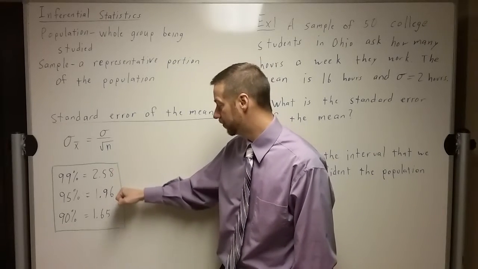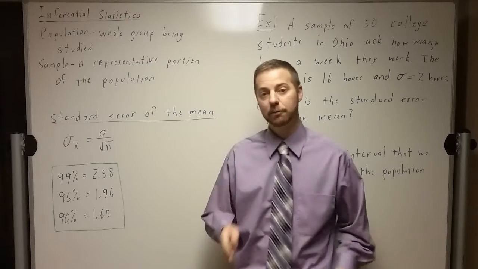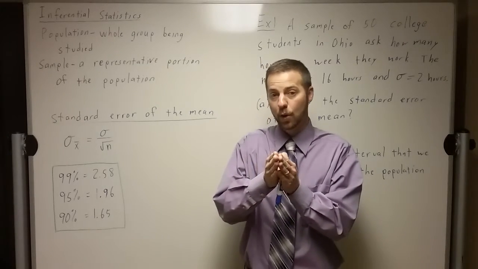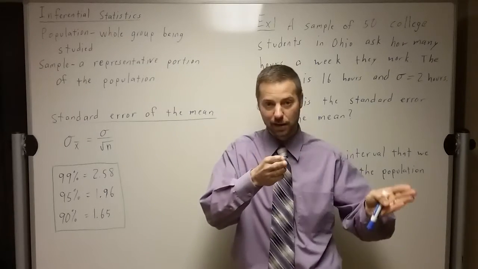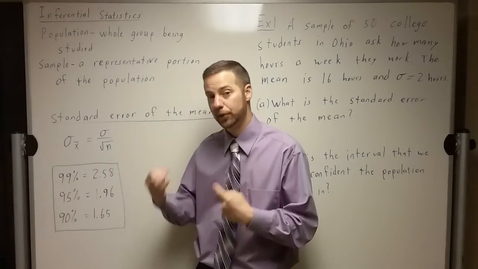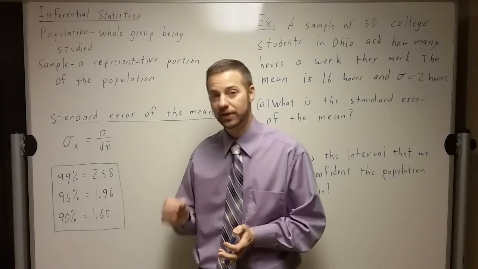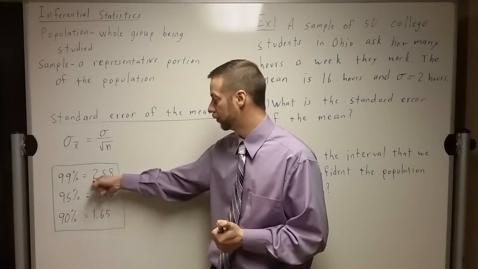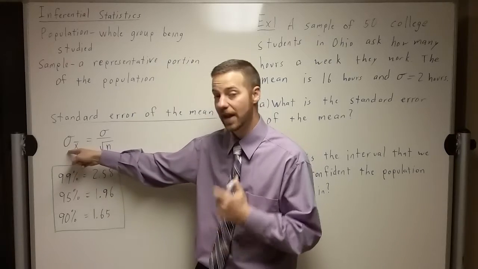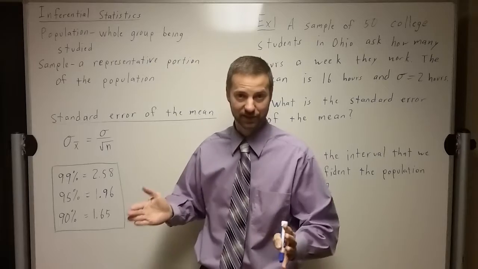I put the numbers that go along with these because what these numbers represent is how many standard deviations we want to go from the sample mean up and down to get an interval with this amount or this percent of confidence. And so if I wanted a 99% confidence interval, I'd have to go 2.58 of the standard error of the mean up and down from the mean in order to get this interval.